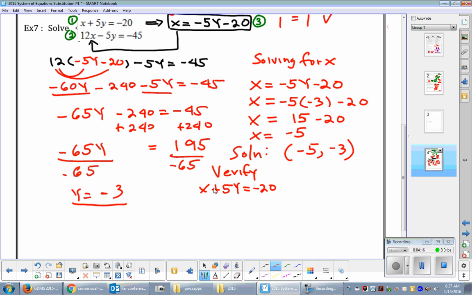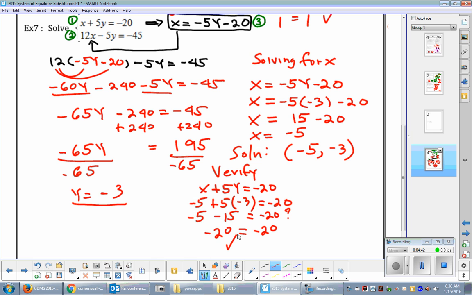Replace our x by negative 5. Replace our y by negative 3. So I will have here negative 5. This one is negative 15 equals negative 20. Again, we're trying to verify this, okay? But negative 5 minus 15 is actually negative 20, which is equal to the right side of the equation.